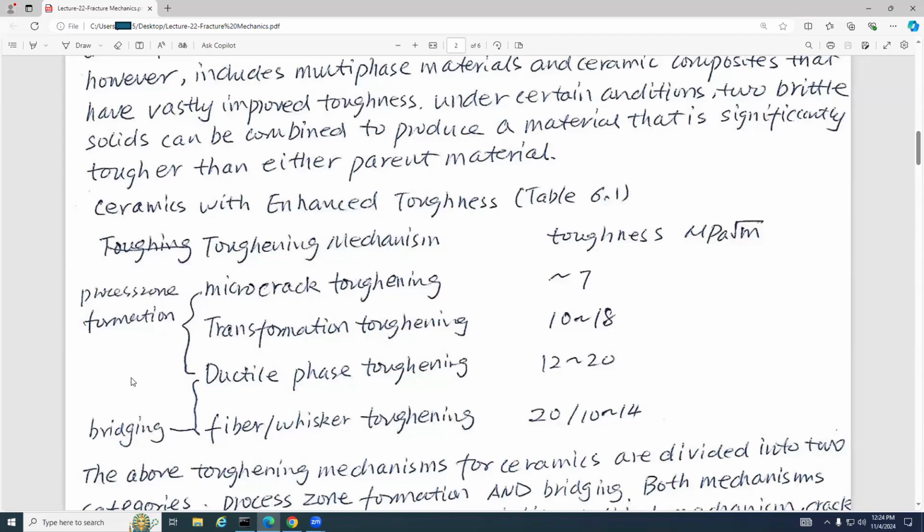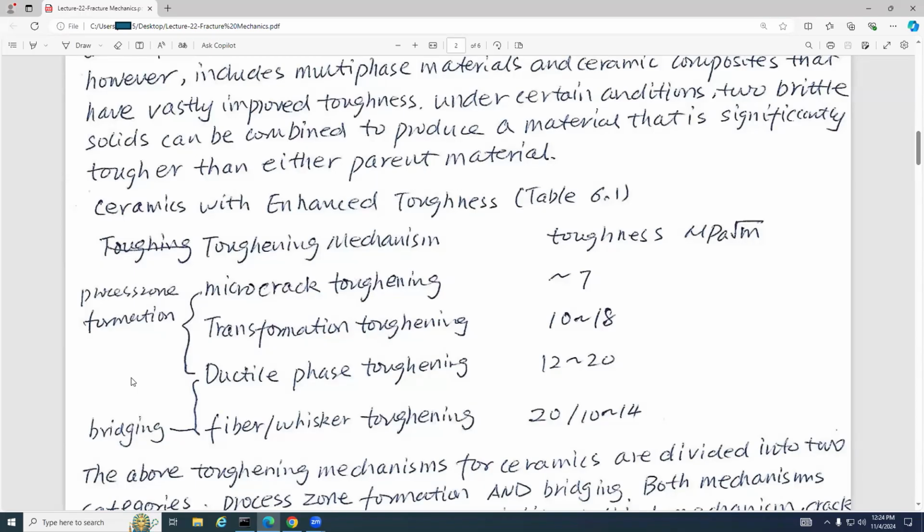So for the first category, we can characterize them further. The first one is microcrack toughening, and the second one is transformation toughening, as the name suggests. Transformation means that by some means we accomplish the phase transformation just around this crack tip.